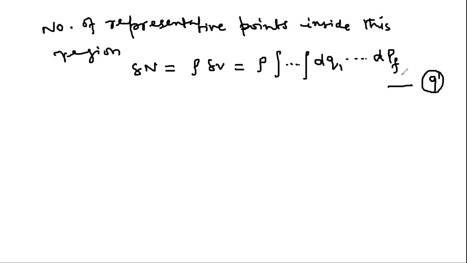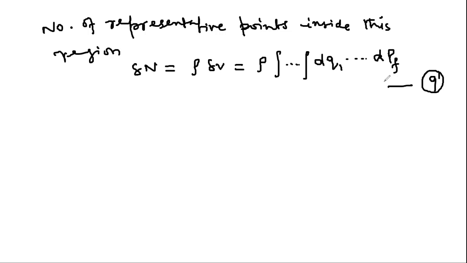And remember here, the boundaries of this region are the representative points lying in the region. I repeat, the boundaries of this region are also formed by the points within the region. Each point is representing some system in the ensemble lying in this region, right?